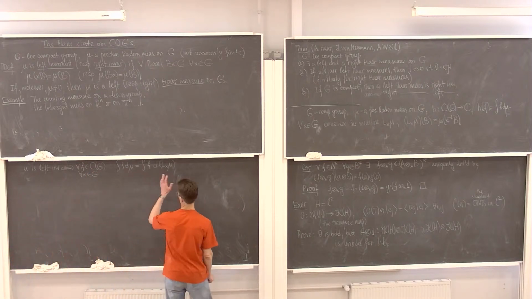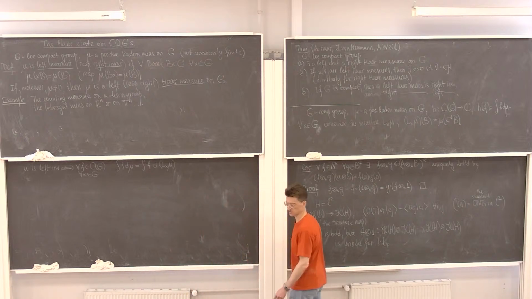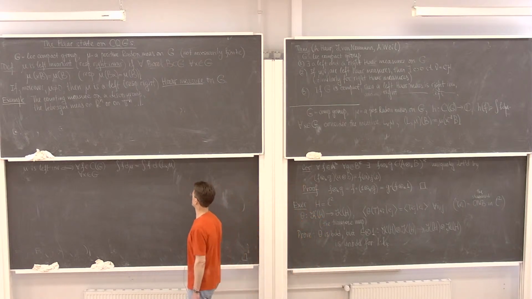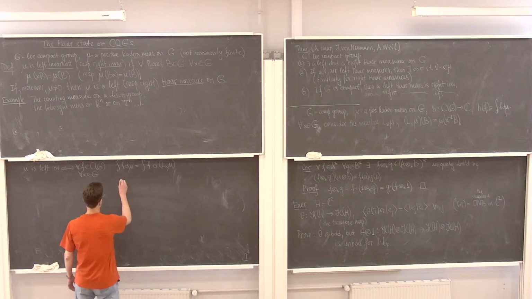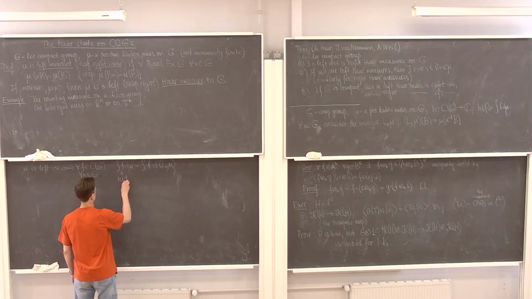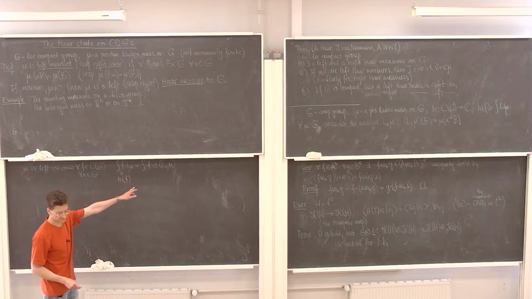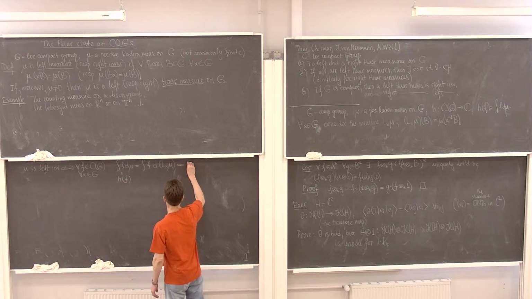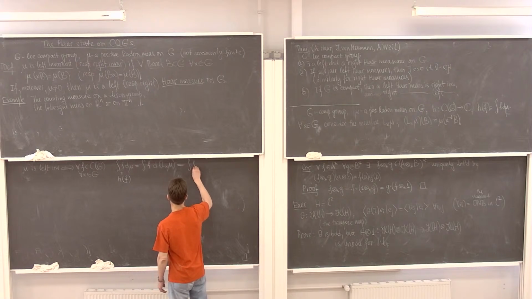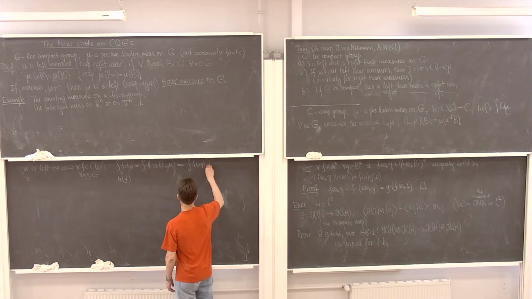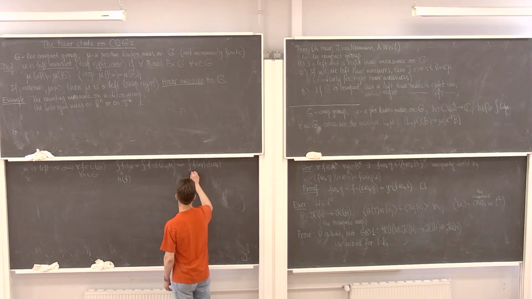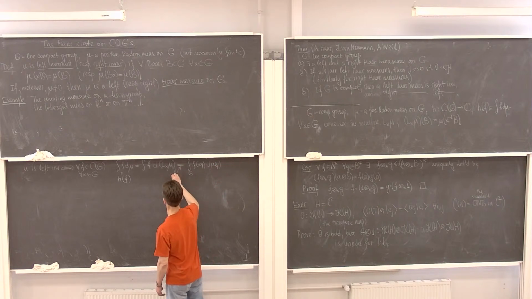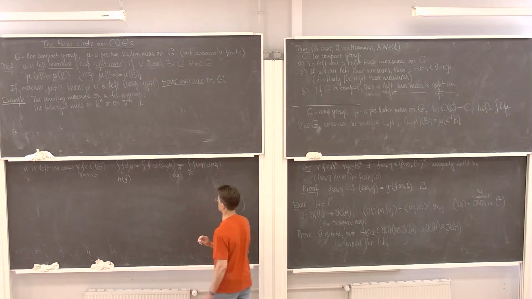So these measures are the same if and only if the respective integral functionals are the same. Well, so this is h of f. This is h of f. And what is this? Well, it's a simple exercise in measure theory that this is the integral of f of xy d mu of y.